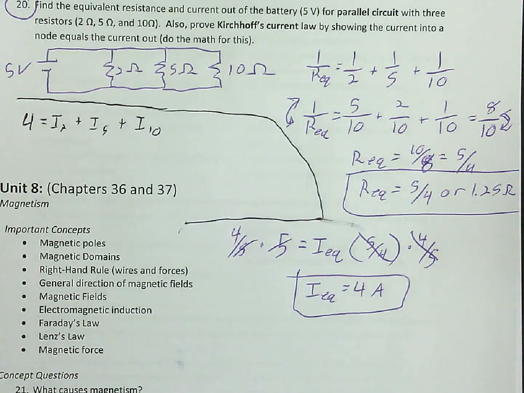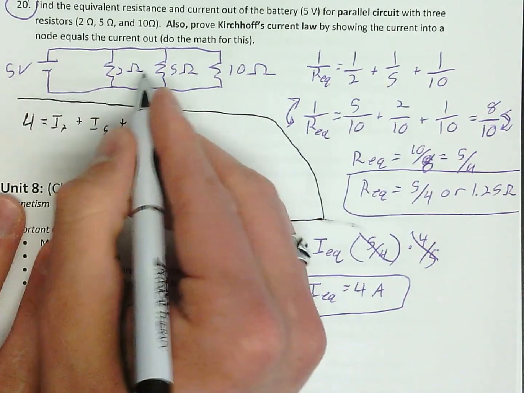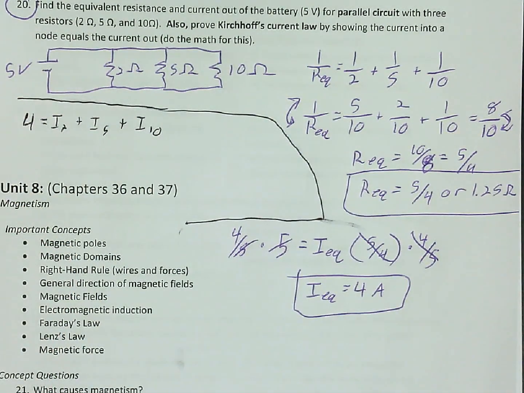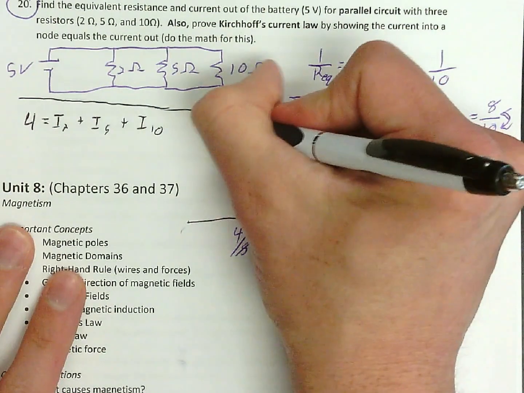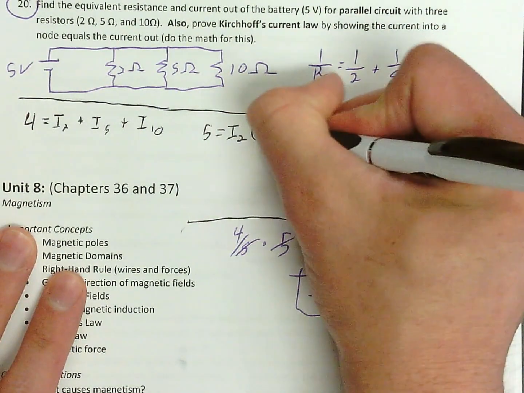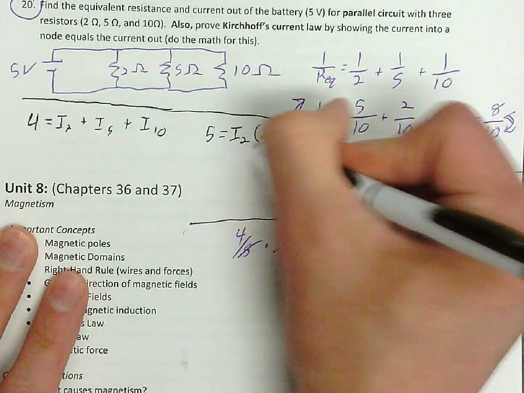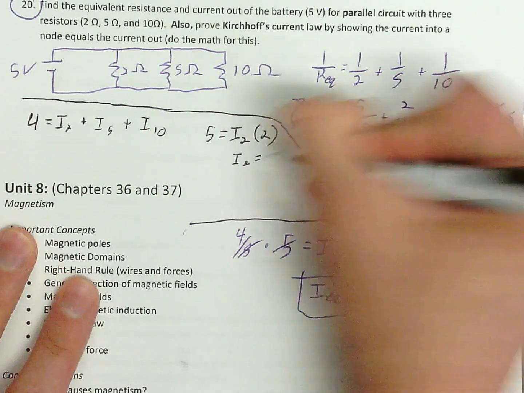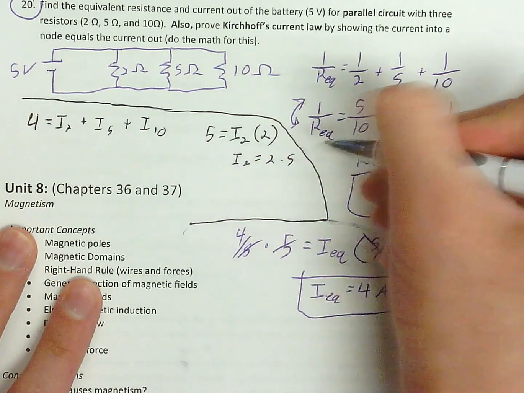How do I find those currents? V equals IR. Everything in series has the same current. Everything in parallel has the same voltage. So, V equals IR. Divide by 2, you get I2 to be 2.5.